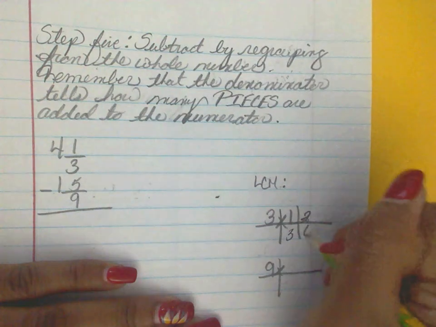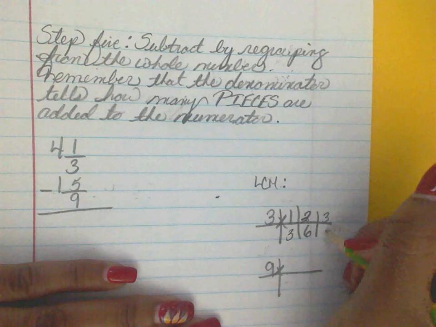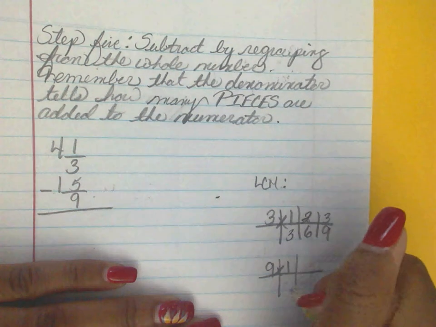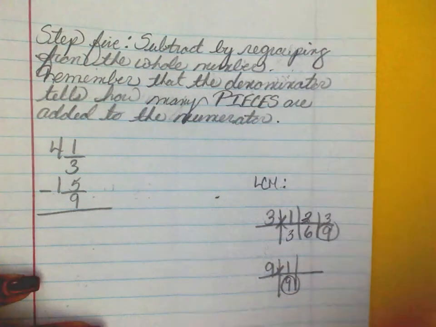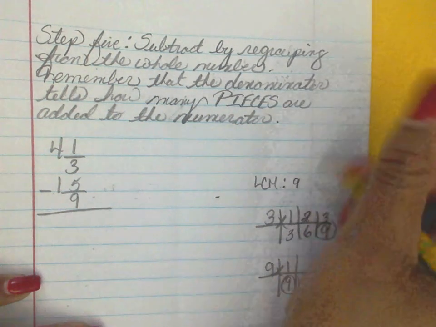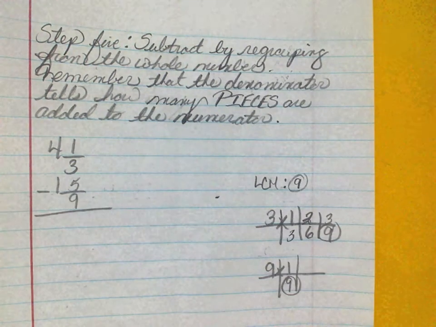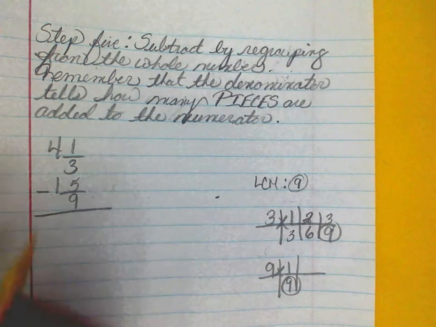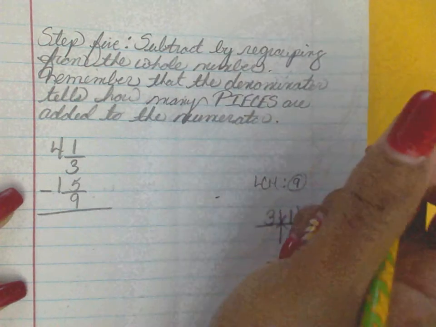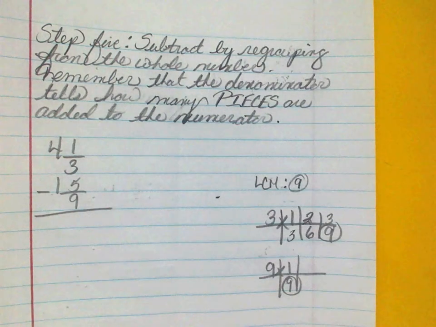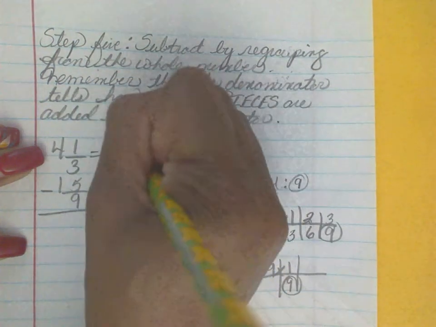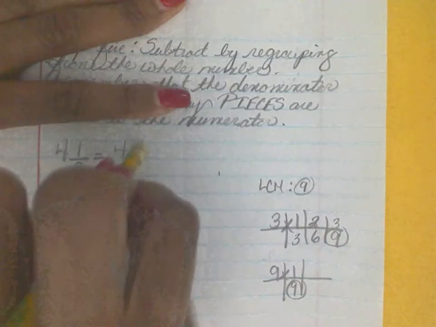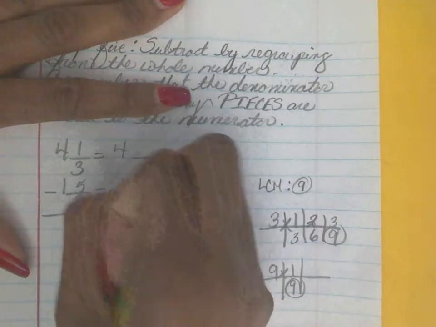And 3 times 3 is 9. 1 times 9 is 9. Circle your LCM, least common multiple, which is 9. Okay? Now, step 3 is to make your LCM your new denominator. But if you have whole numbers, bring those whole numbers over. So bring your whole numbers over and use your LCM as your new denominator.